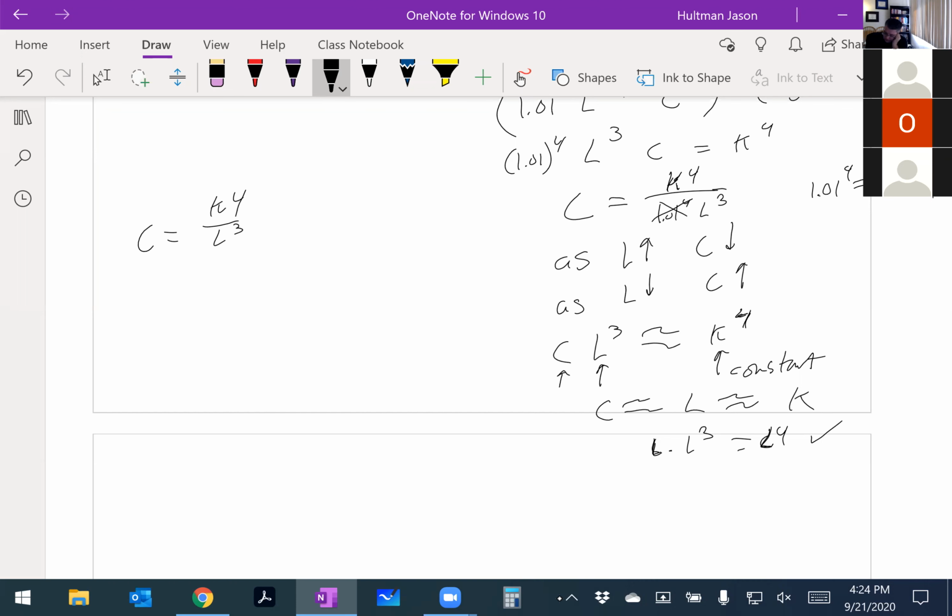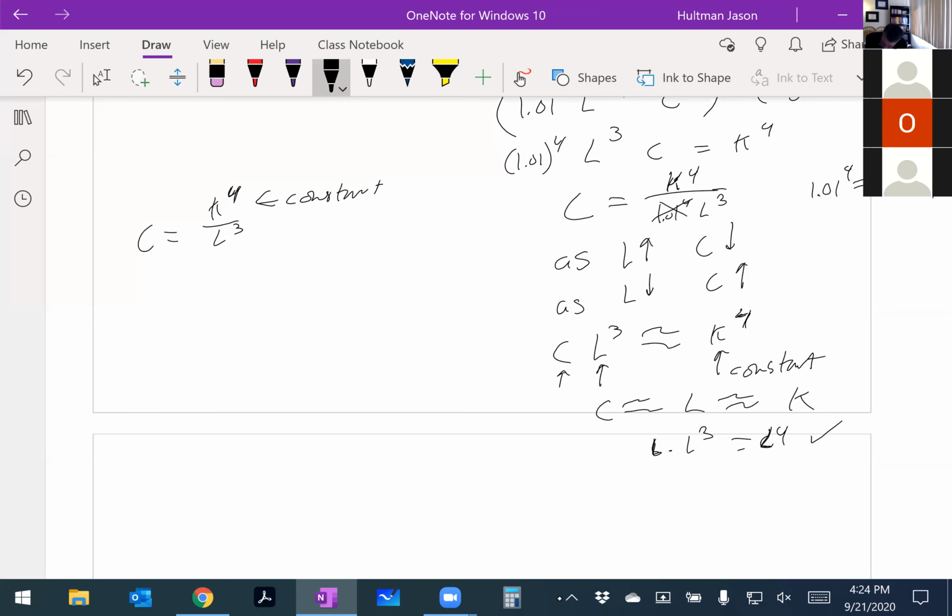Let K equal, this is just a constant. K to the fourth is just a constant. This is a constant. Okay, so what does this function behave like if that's just a constant?